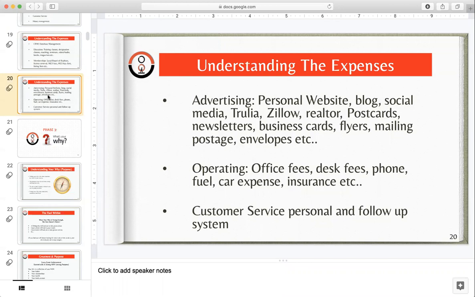Trulia, Zillow, buying leads, Realtor.com, postcards, newsletters, business cards, flyers, mailing postage, all of that is going to cost you money, and that's money that needs to come back into the business. Also, you need to spend money on operating systems, office fees, desk fees, phone, fuel, car expenses, insurance, etc. There are a lot of expenses in running the business.